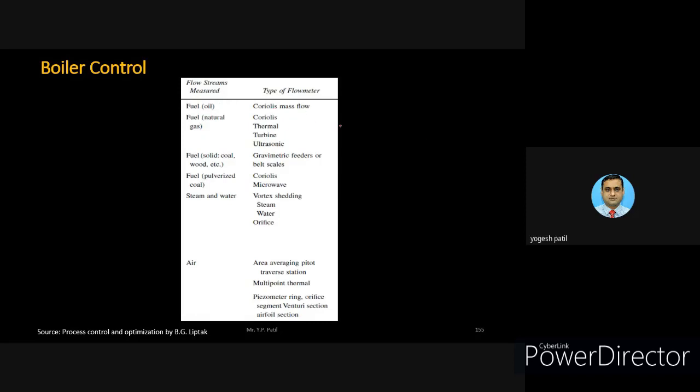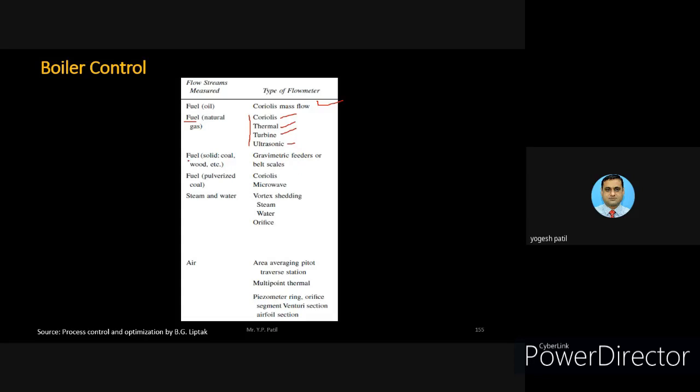Then we can go for the Coriolis mass flow meter when the fuel is oil, and when the fuel is natural gas, we have many options available. Either we can go for Coriolis, thermal, turbine, or ultrasonic flow meters. All these options can be useful for natural gas as a fuel flow.